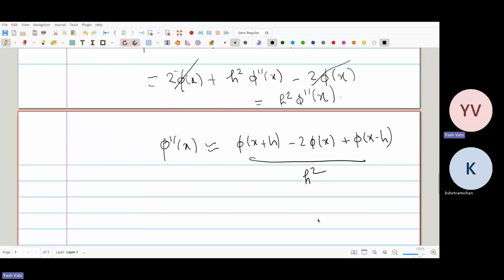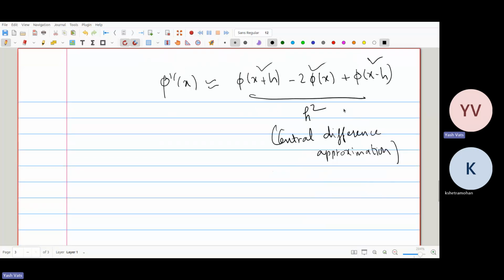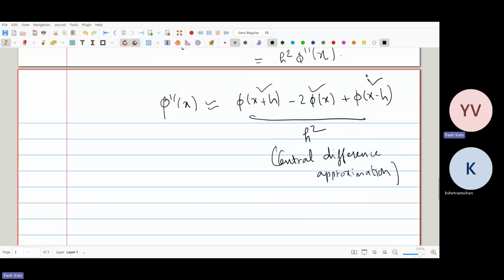So it's a central difference approximation, right? Why is it central difference? Because we are considering x plus h, x minus h, and x all together.